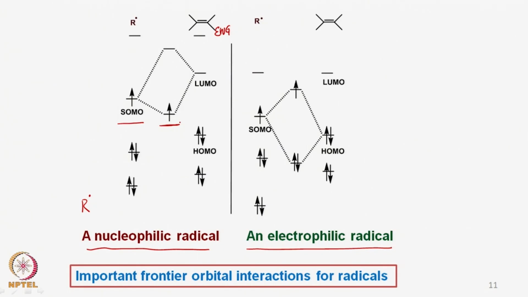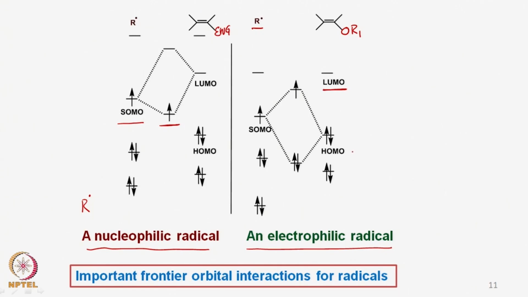On the other hand, if we have an electrophilic radical, then we expect that you have an electron donating group attached to the olefin, and if the R dot is having an electron withdrawing group, the singly occupied molecular orbital will be of lower energy and therefore it will go down. On the other hand, the lowest unoccupied molecular orbital will be of higher energy.